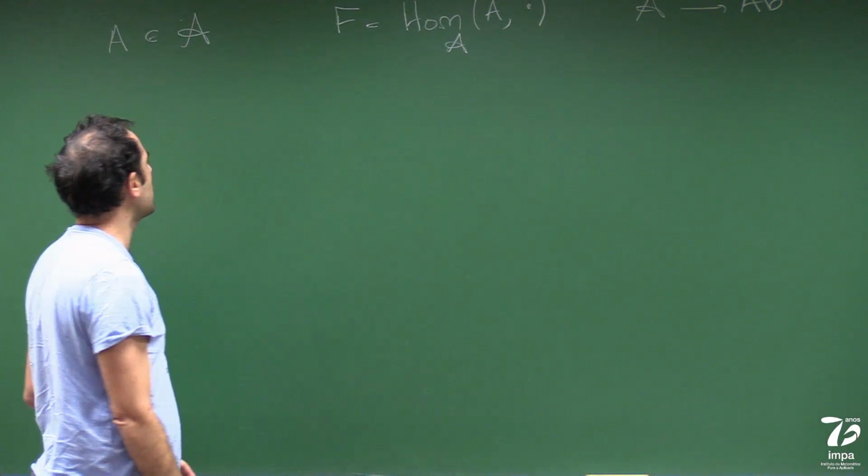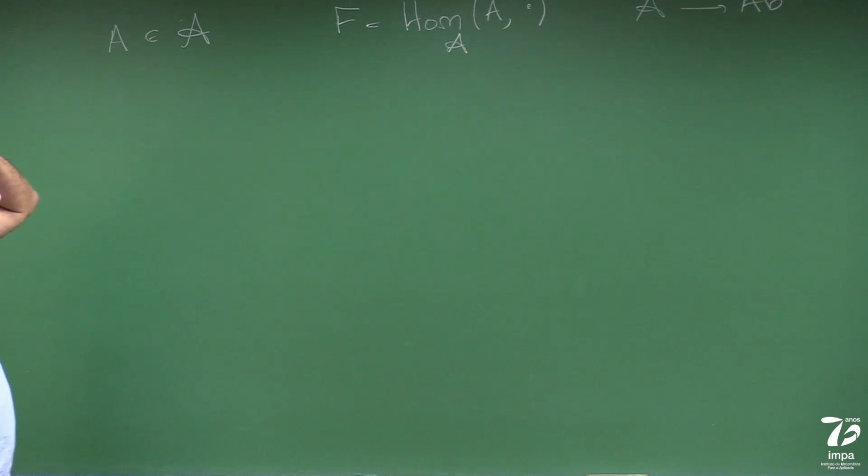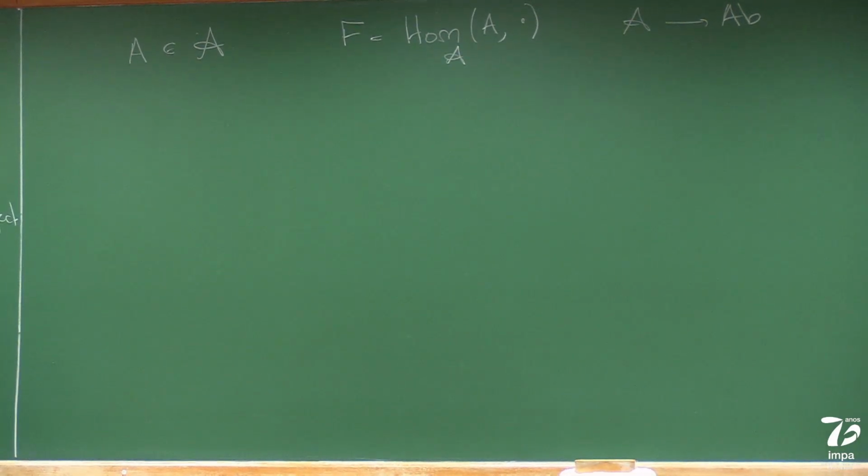Actually, since my categories were k-linear, this is a functor to k-vector spaces, but it doesn't matter. So it's a covariant functor, takes a B, and it sends me to Hom(A, B). And of course, the derived functor is going to be our Hom.